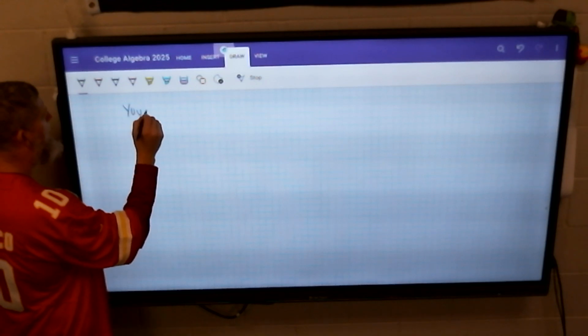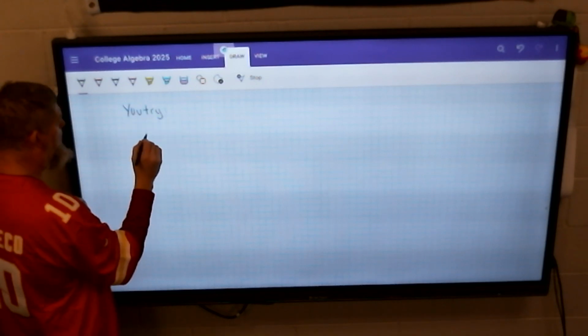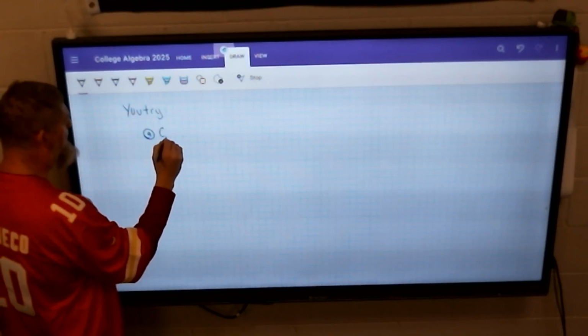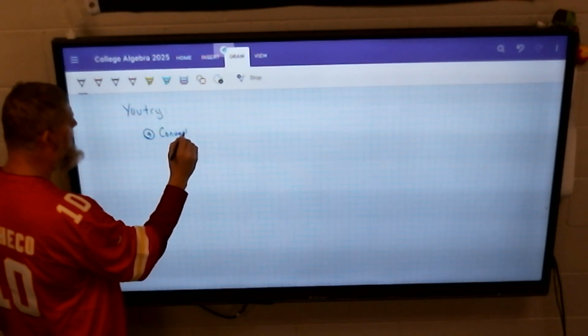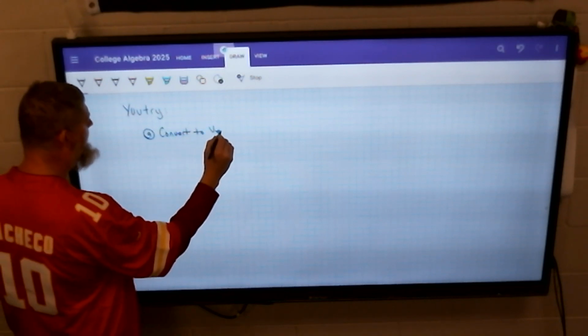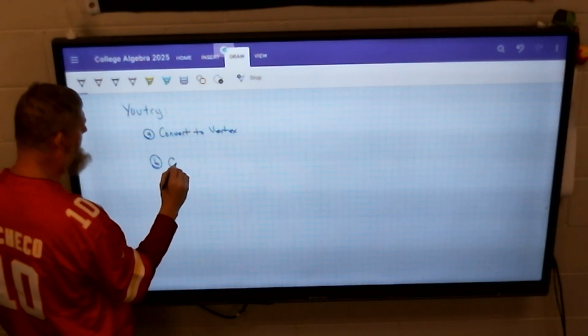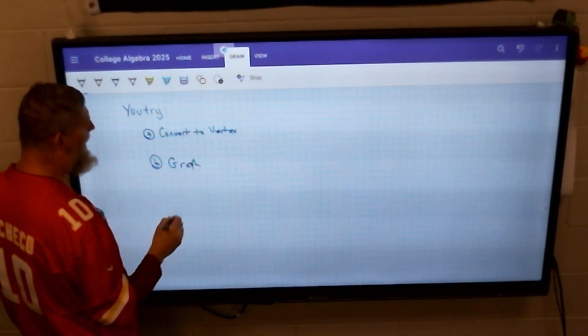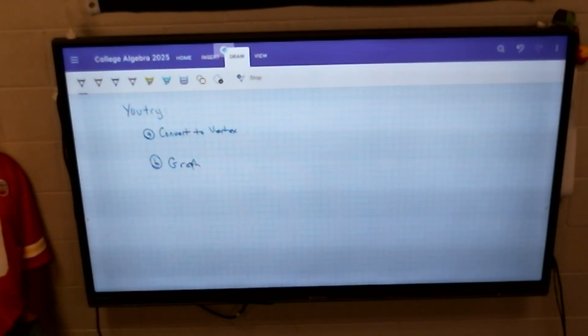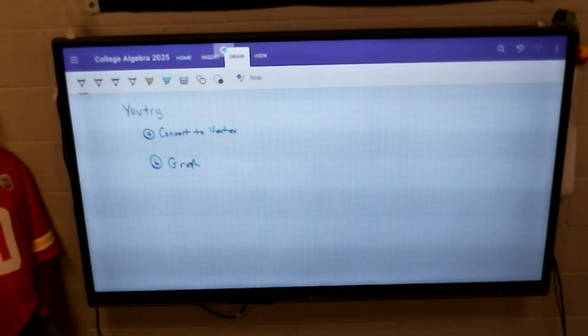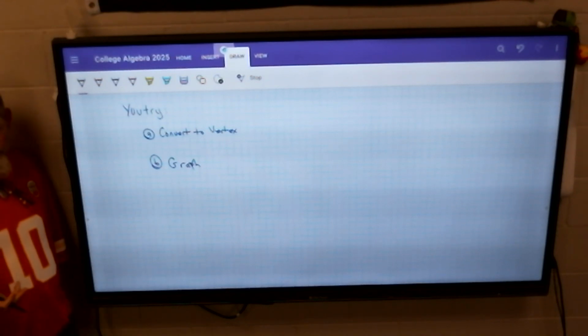So I want you to do two things. Number one, I want you to convert to vertex form. And in letter B, number two, I want you to graph. Now, understand when I say graph, I mean sketch. It needs to be pretty close to what we're looking for.